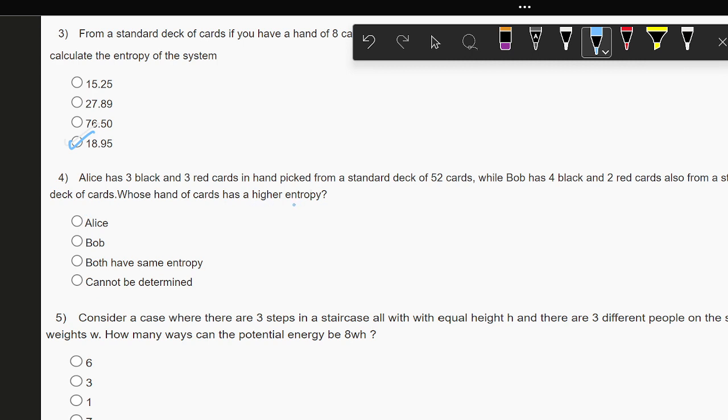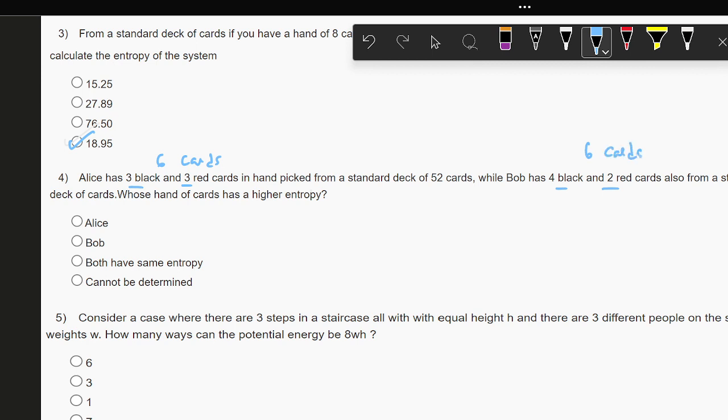So basically here 2 persons are here, Alice and Bob. Both have been given some cards in their hands. Now Alice has 3 black and 3 red cards, whereas Bob has 4 black and 2 red cards. So you can see that both have a total of 6 cards.